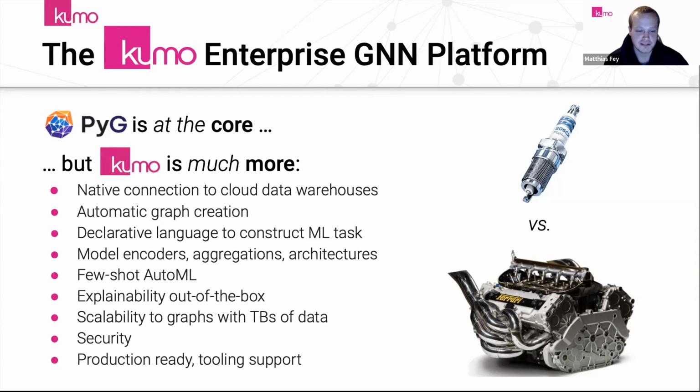We have integrated explainability out of the box, and all of that comes with major promises to scalability. So we are able to scale to graphs with terabytes of data, all with secure protocols. And that also means that you're basically production ready within hours or days rather than weeks or months.